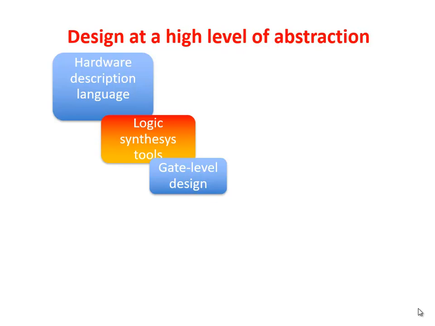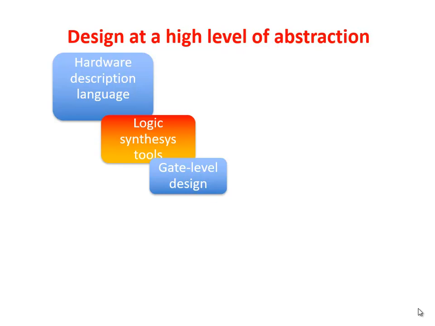It's exactly like programming a software in a high abstraction level language, and then compiling it into a lower level language. You lose efficiency, you lose quality of the code, you lose performance, but you gain a lot in design time.